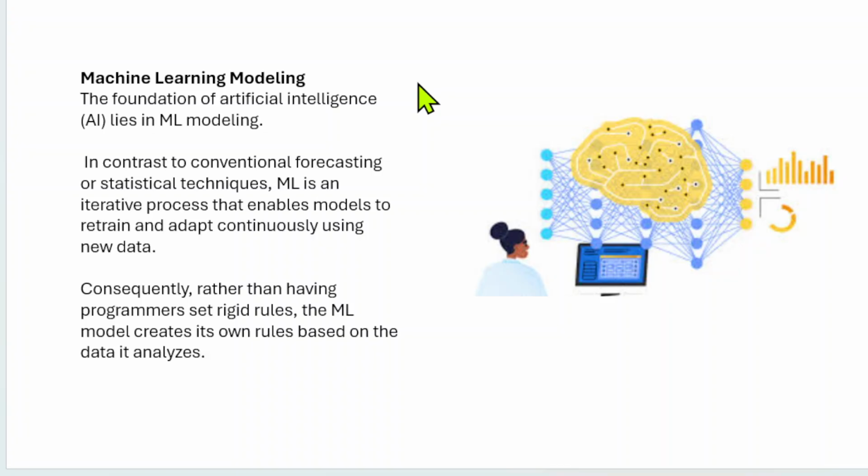Machine learning creates rules through the data. You don't, as a programmer, tell it that at 21 they can drink or not. You feed it a lot of data, and it figures out through the patterns what can and can't be done based on ages and that kind of stuff. So unlike regular forecasting, ML is an iterative process where you can keep feeding it new data, so you need to have it set up so the data can be easily fed into the system.